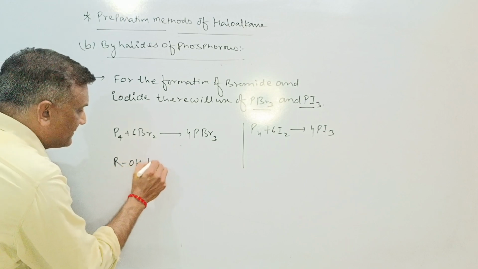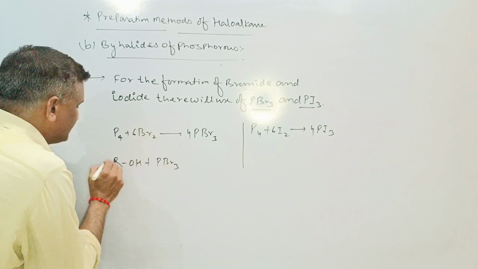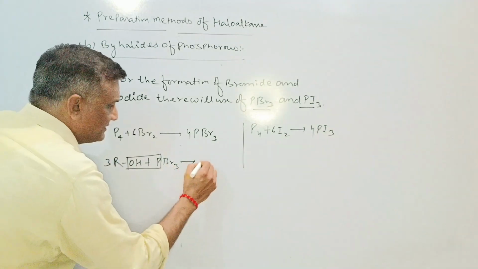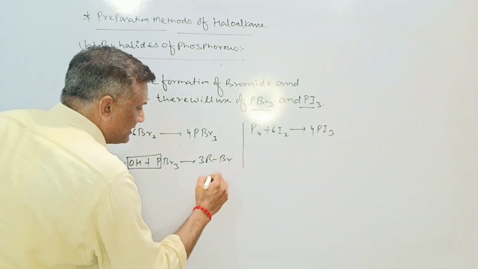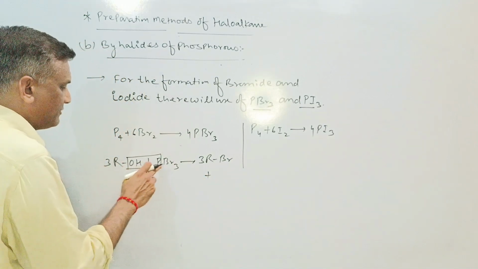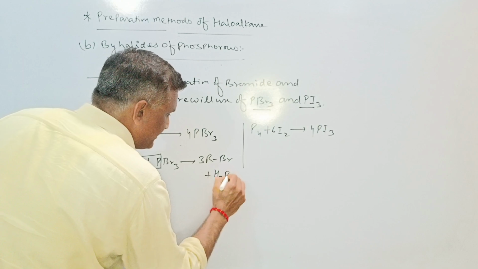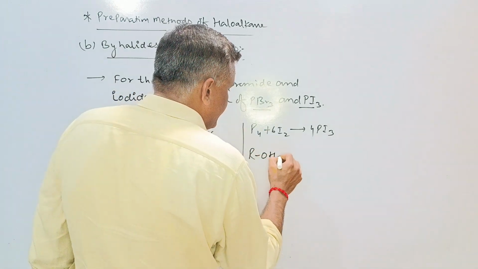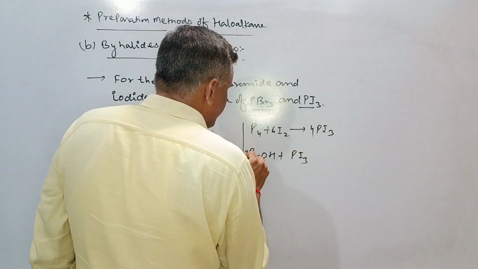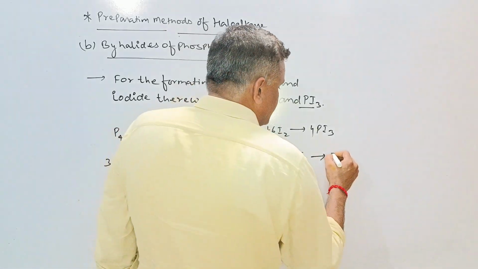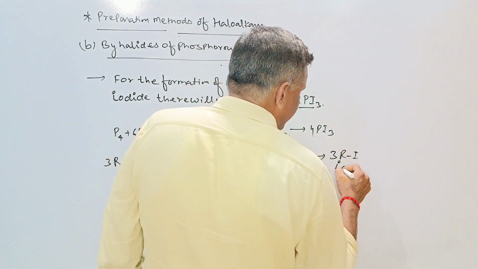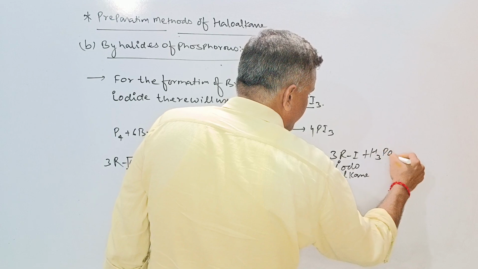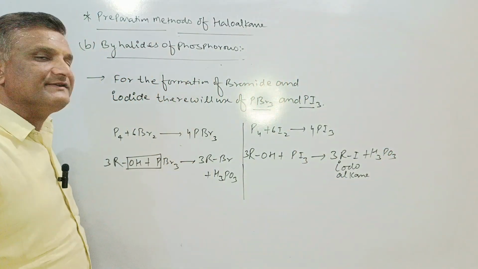This is the alcohol, this is the PBr3, 3 molecules. Here orthophosphorus acid is removed, giving 3 molecules of RBr bromoalkane plus H3PO3. With the PI3 reaction, 3 molecules of alcohol with PI3 form 3 RI iodoalkane and H3PO3, orthophosphorus acid, or phosphorus acid.